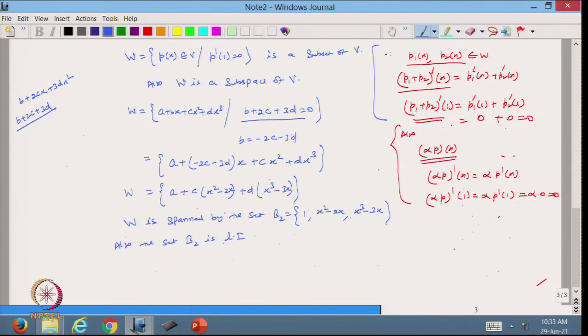So, definitely these are linearly independent, and from here I can say that B2 is a basis for the subspace W, which implies that the dimension of W will be 3.